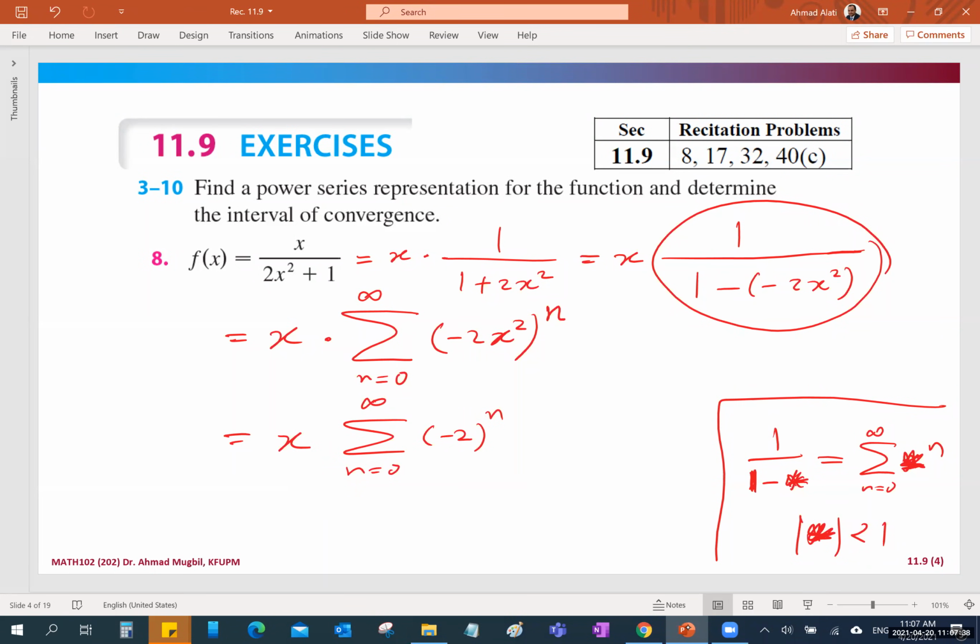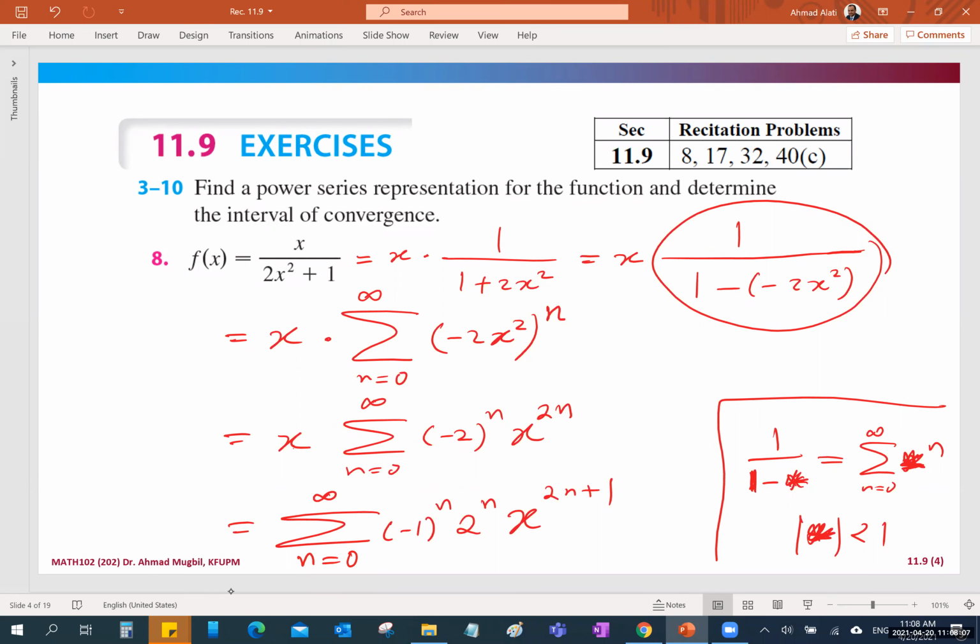It is up to you. x to the power 2n. Then multiply by x in the last step. You can also write this as negative 1 to the power n, 2 to the power n, x to the power 2n plus 1. Is that right? I just multiplied each term by x. Badr, is that right? Yes, doctor.